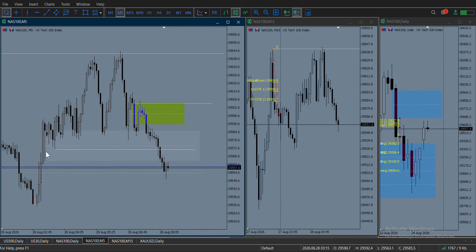So we've run lower, we've taken sell side, and I wanted to see price close on the lower portion of this inefficiency, but it obviously has not done it. I mean, it can do it going into the next few candlesticks, but it must do it first, then I'll be interested in that sell side.